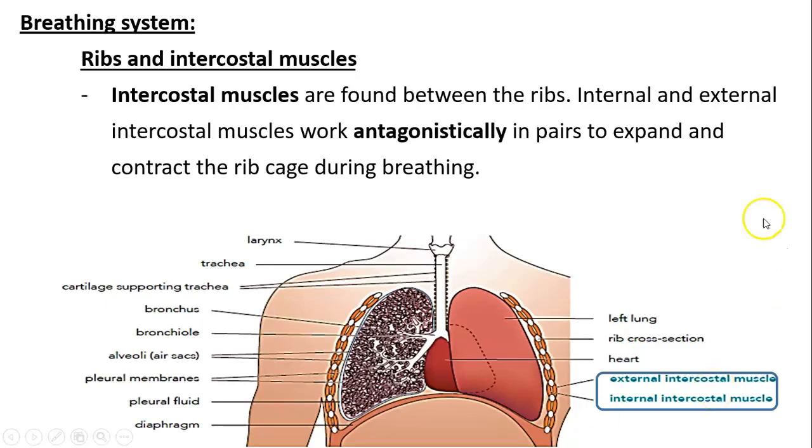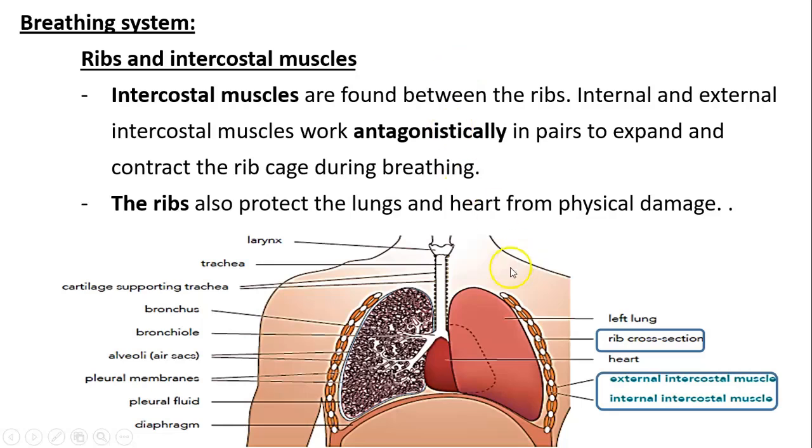They work antagonistically. Antagonistically in muscles means that when one of them contracts, the other relaxes. So they work opposite to each other. Why? To help our rib cage expand and contract, to allow and help the breathing process.